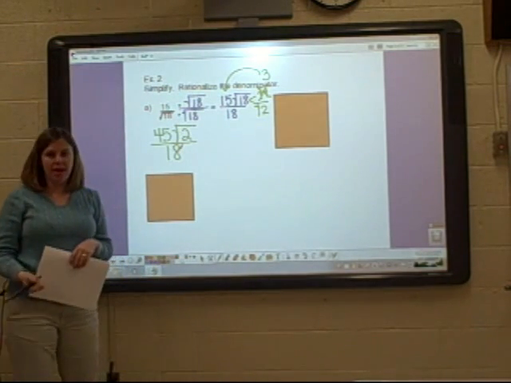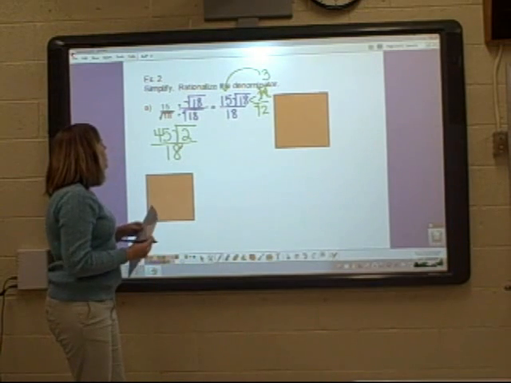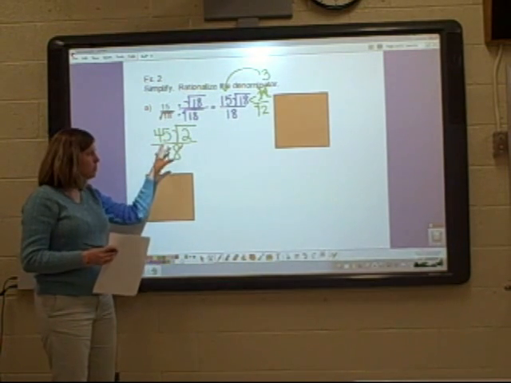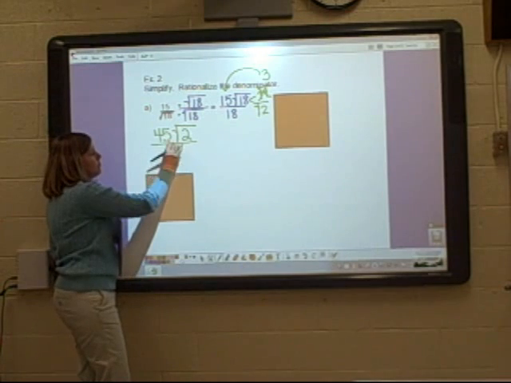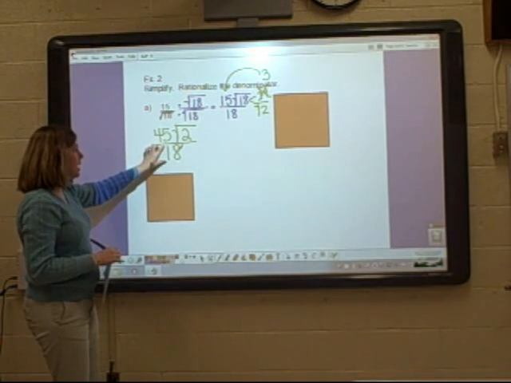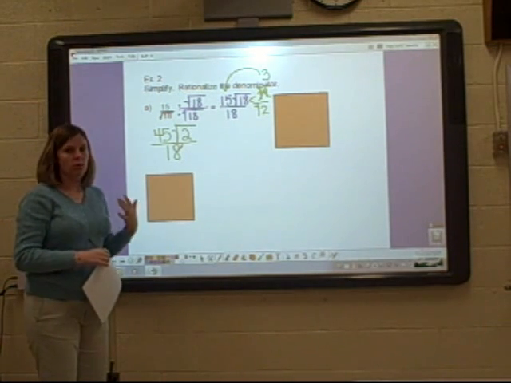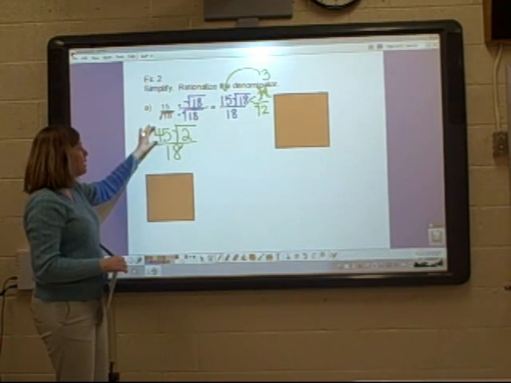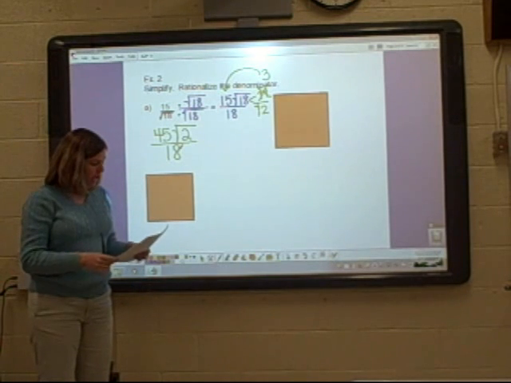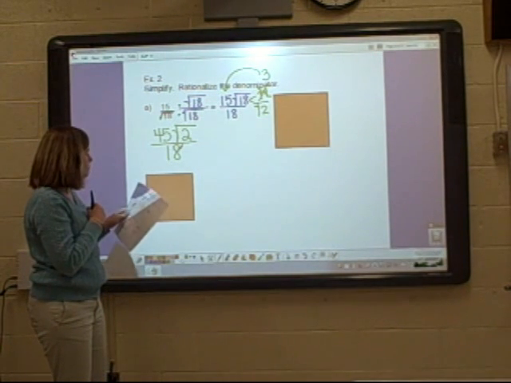Now once again, I have to ask myself if this is simplified all the way. And when you are simplifying an expression that has a square root in it, the numbers that do not have square roots above them, so the 45 and the 18, if you can, you should simplify them or reduce them. So you ask yourself if 45 and 18 can be reduced, and both of those can be divided by 3.